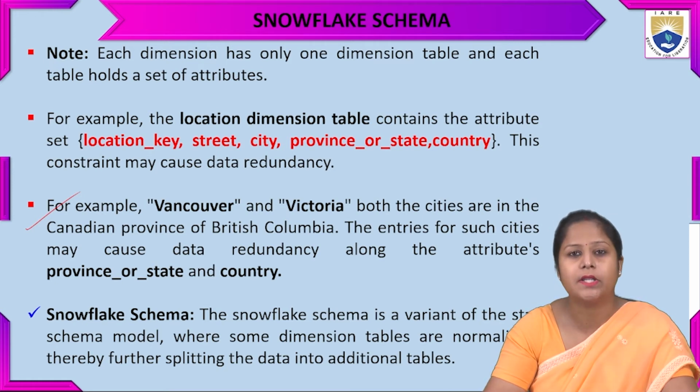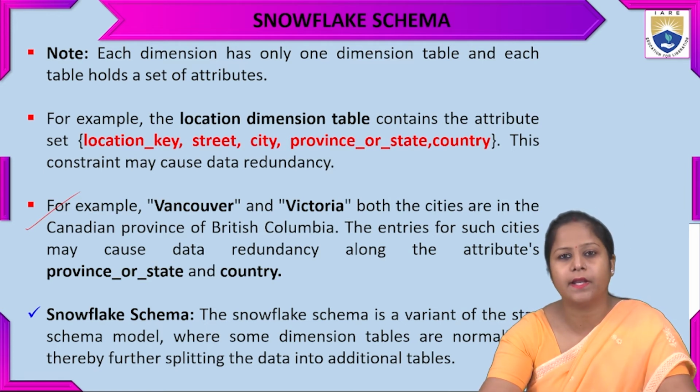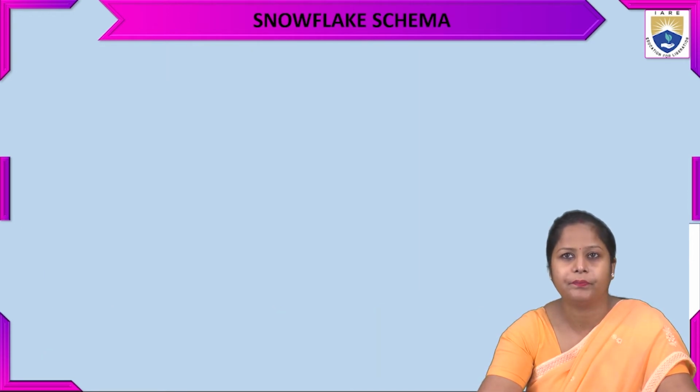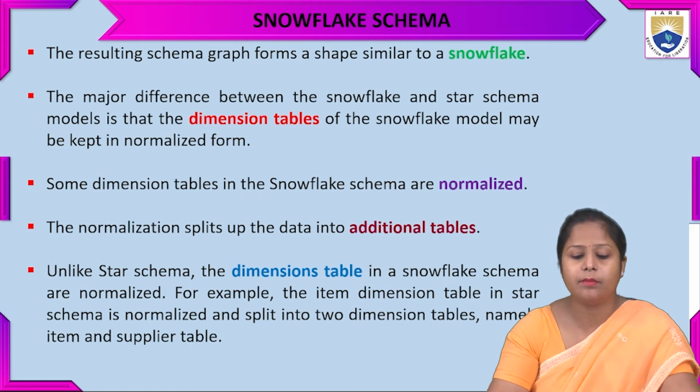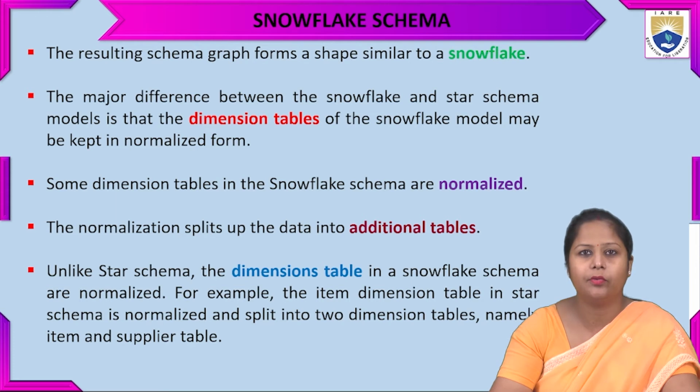In the star schema, the dimension tables are associated directly with the fact table, but in the Snowflake schema, the dimension tables are split again into additional tables. So that looks like a snowflake, and the name came like Snowflake schema. The resulting schema graph forms a shape similar to a snowflake.